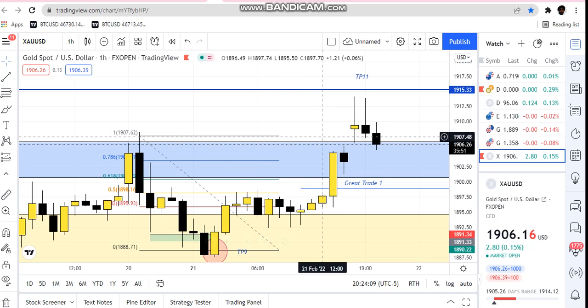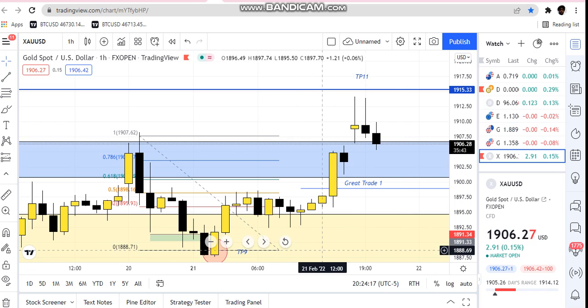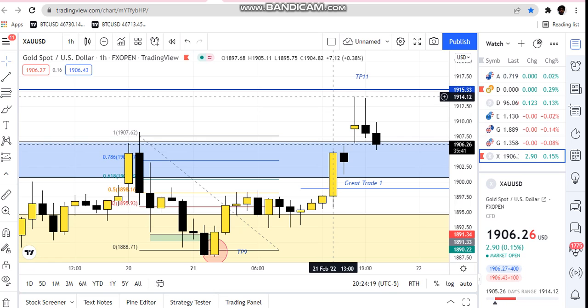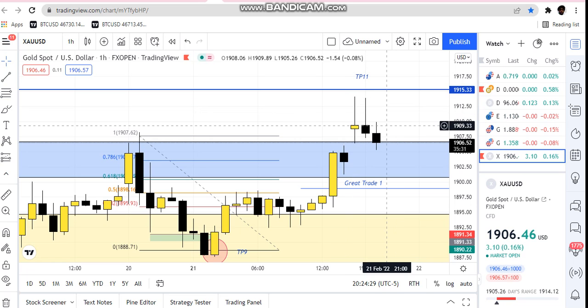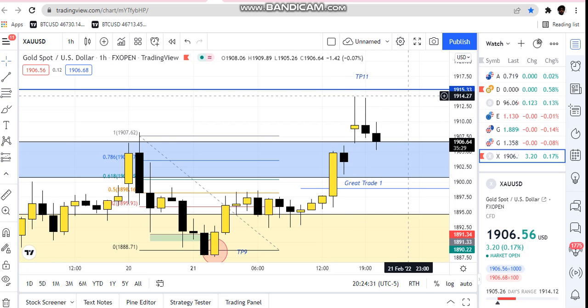Price broke down to 0, broke down to take profit 9, all the way down to 1888, and then went all the way back up to 1914. We could have waited for price to go back up to 1914, all the way back up here, and then we could have gotten in for sells. I prefer you to wait.